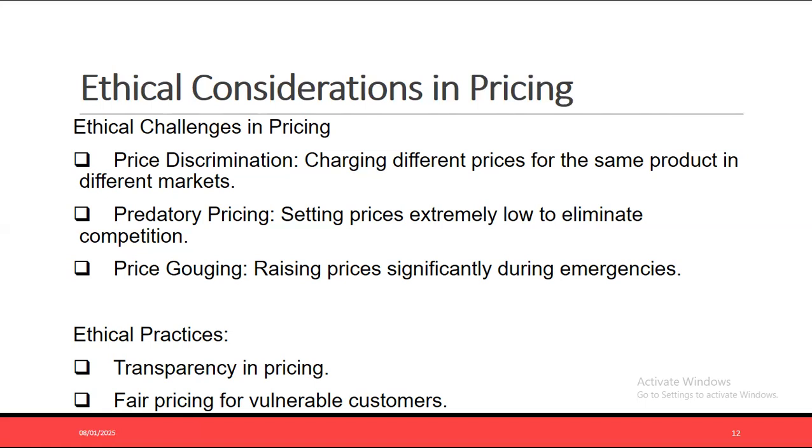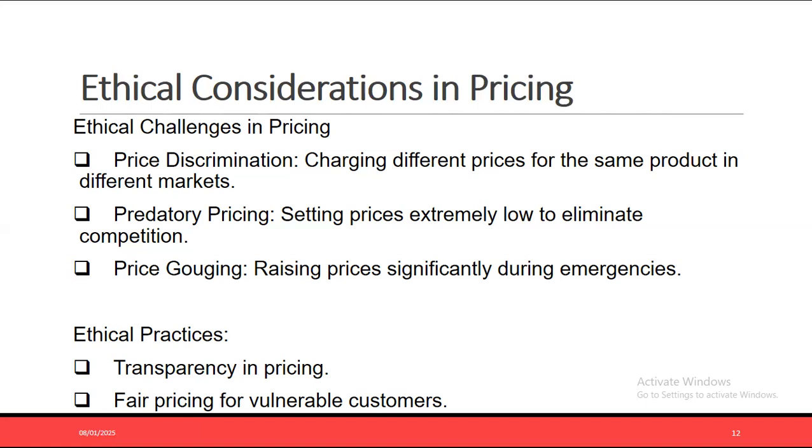Then there's price gouging, where you raise prices significantly during emergencies. During the COVID pandemic, we saw this. All of a sudden, people were selling items at some ridiculous prices. So these are ethical considerations that marketers need to be aware of.